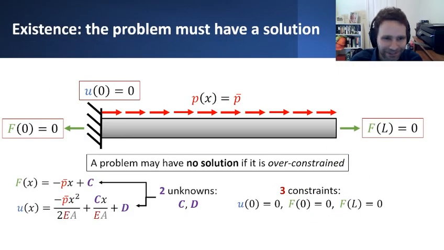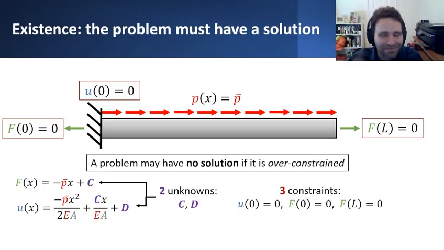But that's not always true. We may have situations where maybe we just goof up and choose the wrong set of prescribed boundary conditions, such that we just don't get a unique or existent solution. As in this case, where I might choose to, as I said before, be a little bit obtuse and insist that I'm going to prescribe what the reaction force is at this support, in addition to saying what the displacement is at this support.